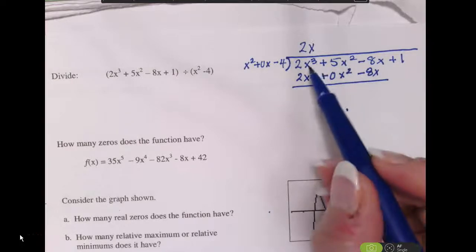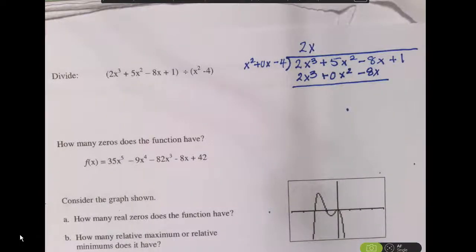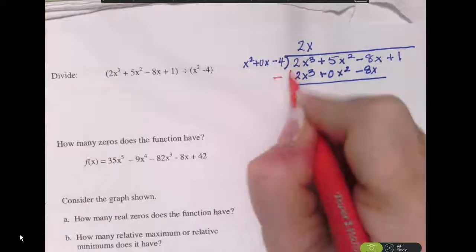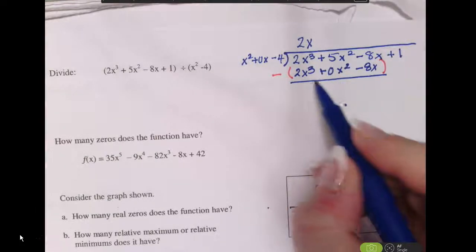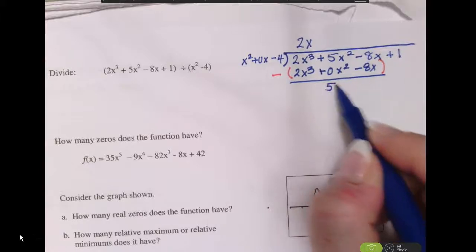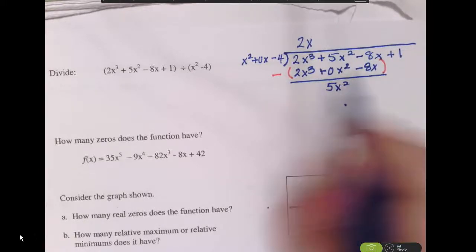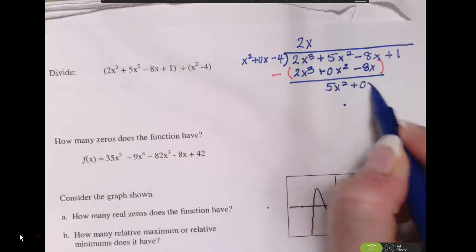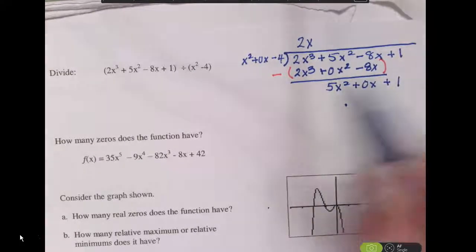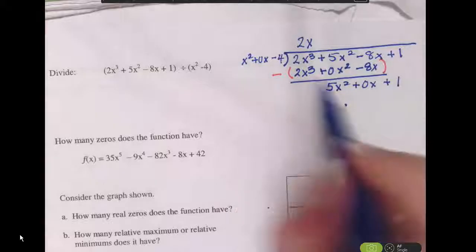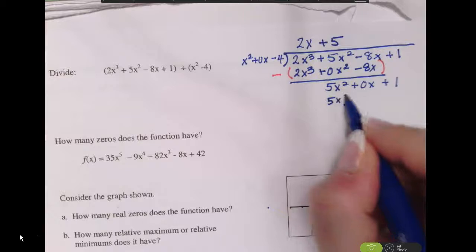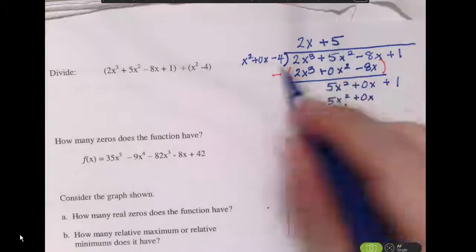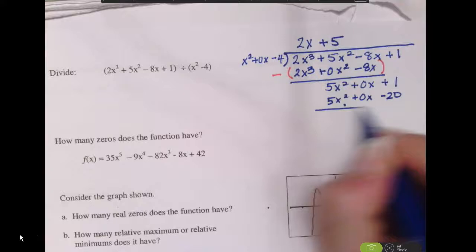So we have, to show my subtraction, 2x cubed minus 2x cubed is 0. 5x squared comes down. Negative 8 minus minus 8 is 0. And then there's my 1. So x squared into 5x squared is plus 5. 5x squared plus 0x. 5 times negative 4 is negative 20.